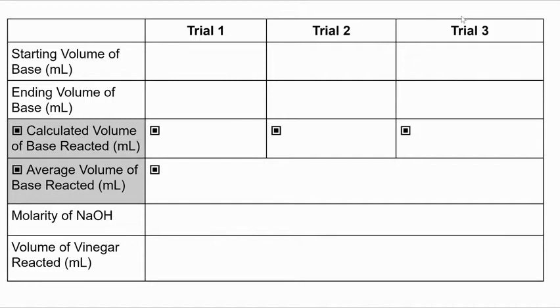You'll use the average value to do our calculation for the molarity. And finally, you'll need to record the molarity of the sodium hydroxide that they use in the burette. And you'll need to record the volume of vinegar reacted, which, since it's being pipetted into the flask, will be the same volume for all 3 trials.